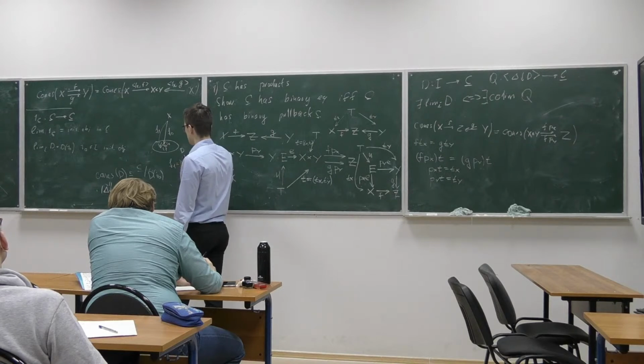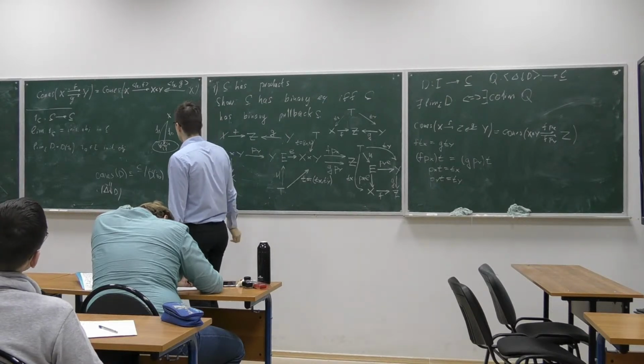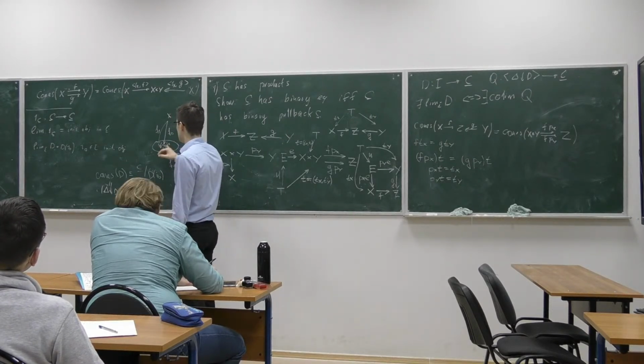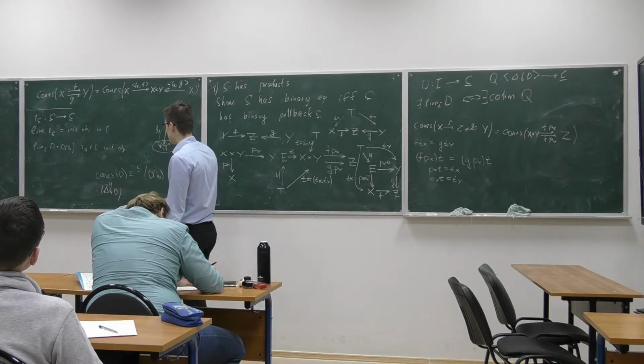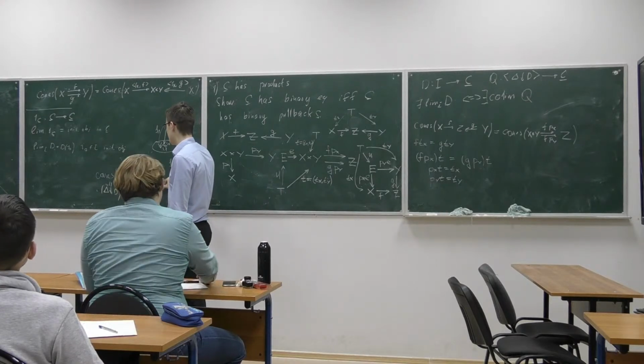So if we know F0, we know every other map. And now the problem becomes trivial because we definitely have a terminal object here. It is just 0.